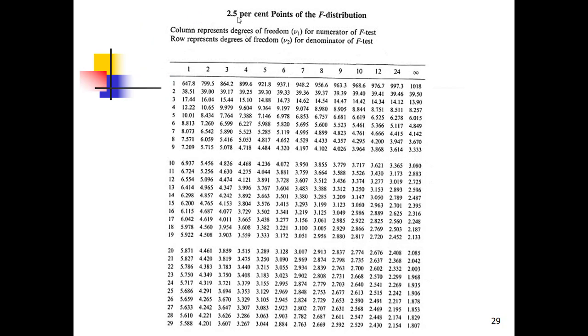This is for alpha 2.5%, or alpha 0.025. Again, this is the first degree of freedom and this is the second degree of freedom.